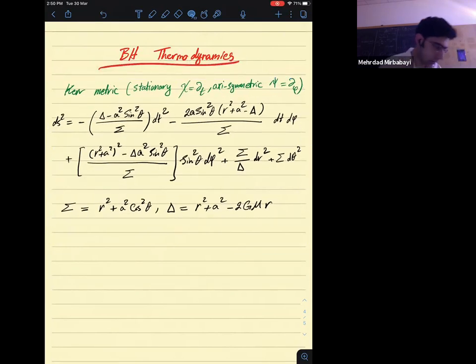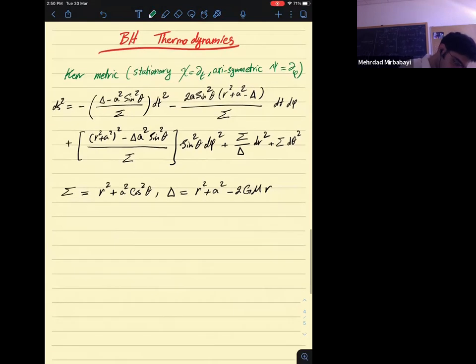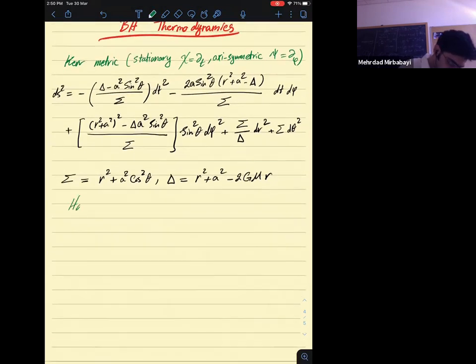Okay, so here's the Kerr metric. And I want to consider the slice of the horizon at a fixed t, which is parameterized by theta and phi. So let us ask, what is the horizon area?